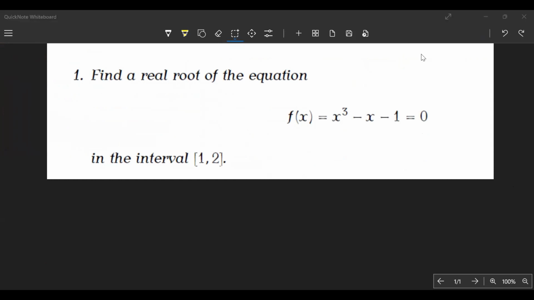So we are given f of x equal to x cubed minus x minus 1, and this is equal to 0, of course, equating this to 0. And I'm given the interval, I'll call it I, from 1 to 2.